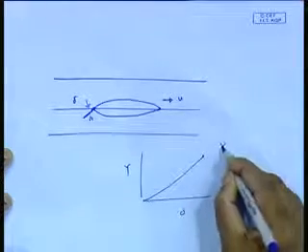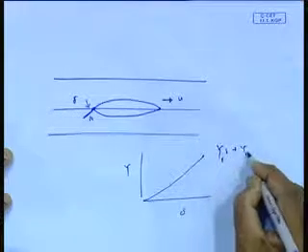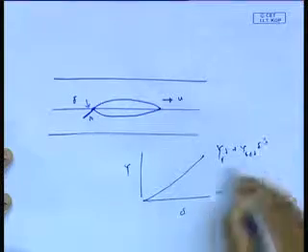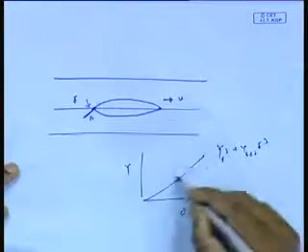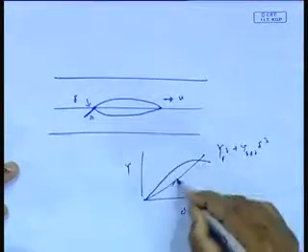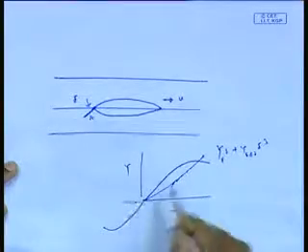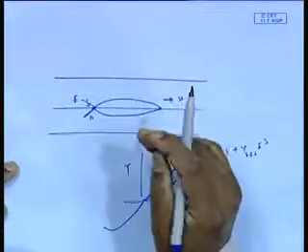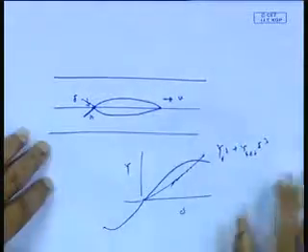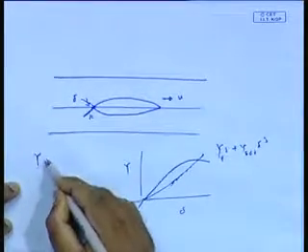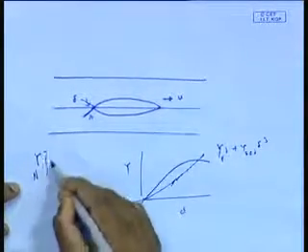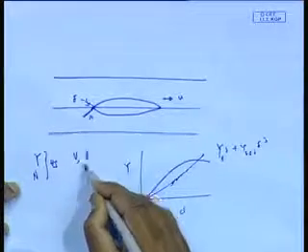Then again I fit the graph: Y delta times delta plus Y delta delta delta times delta cubed, depending on what the graph is. Basically, it may not be this way, it may be like that more. You have to do it both sides. So, I am able to get Y or N versus V and delta.